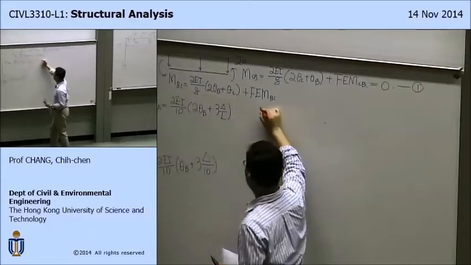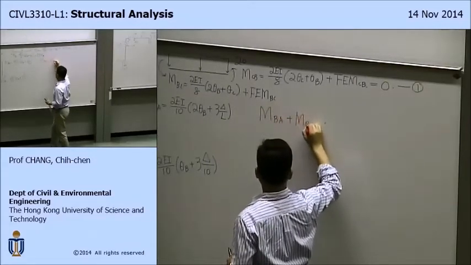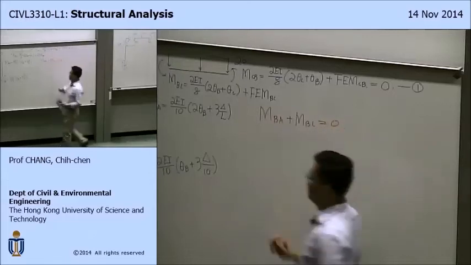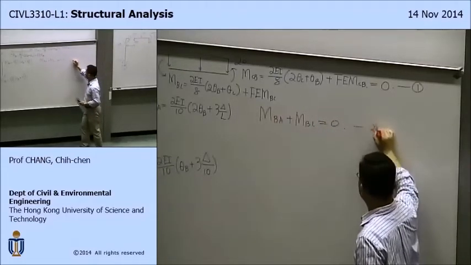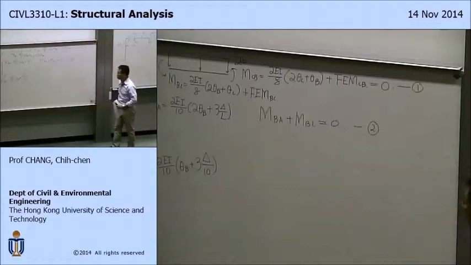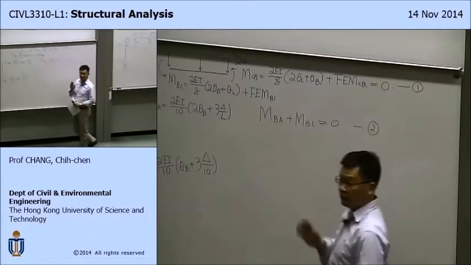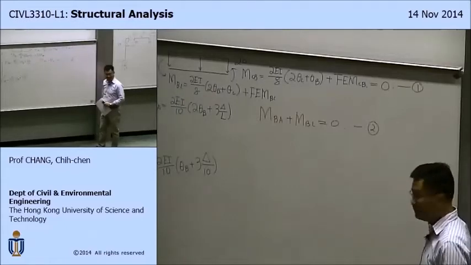Joint equilibrium tells us that MBA plus MBC equal to 0. That'll be your second equation. All right, so now where is the third equation coming from? Because we have 3 unknowns, we need the third one. The third one is actually coming out from global equilibrium.